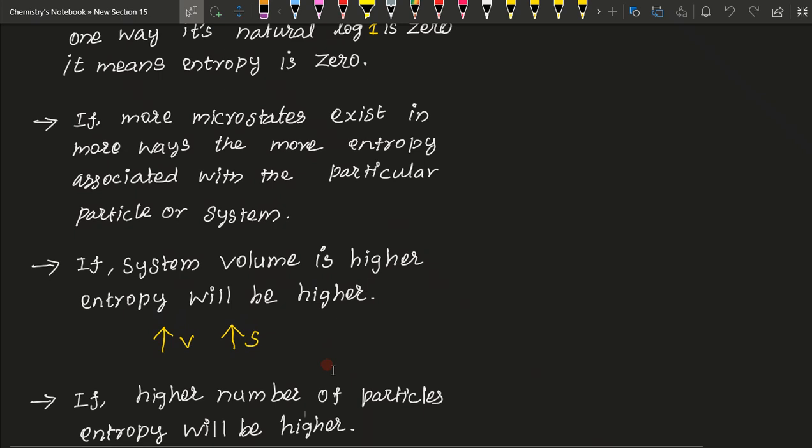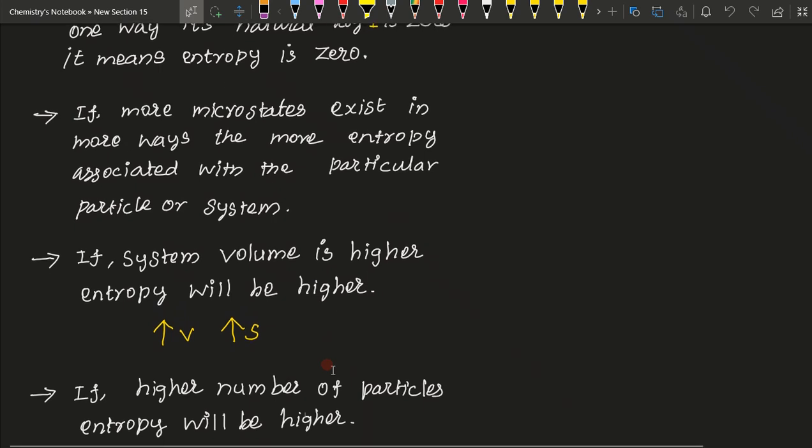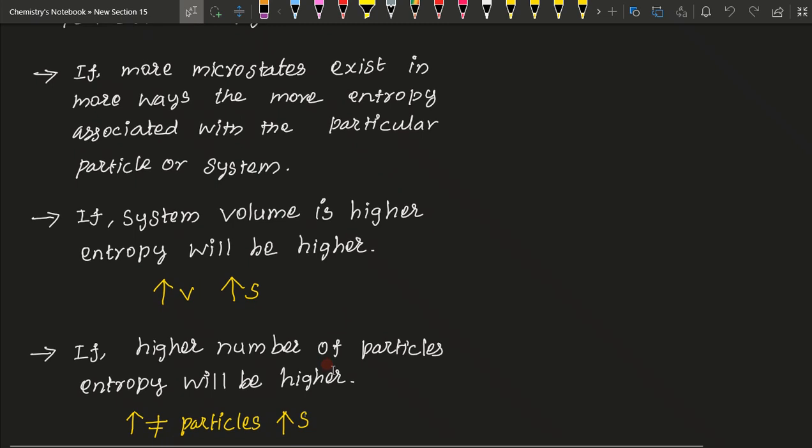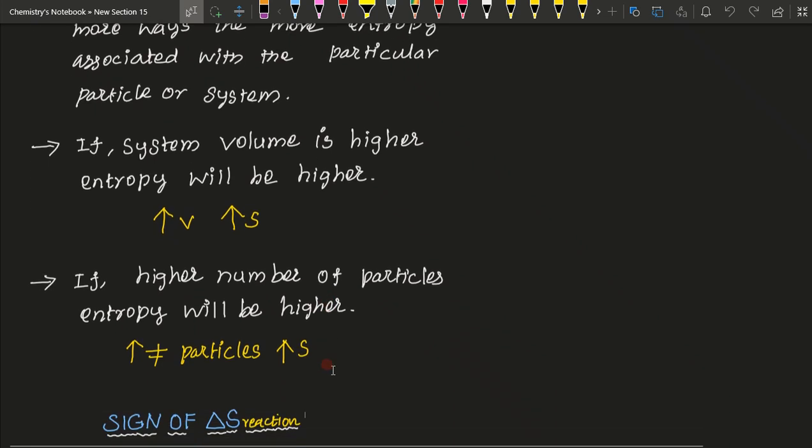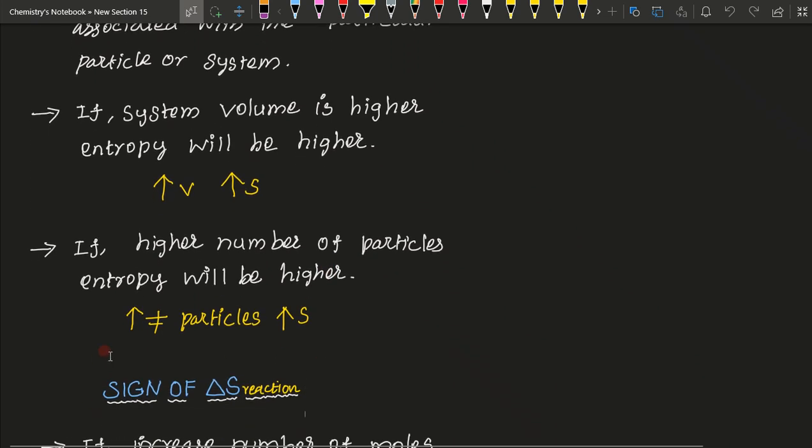Next, if system volume is higher, entropy will be higher. If system volume is lesser, entropy will also be less. System volume increases, entropy also increases. Next, if there is a higher number of particles, entropy will be higher.